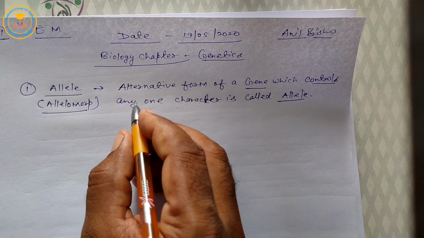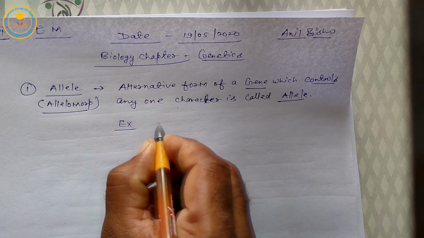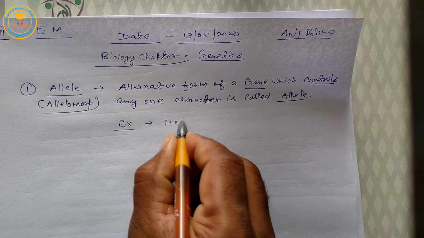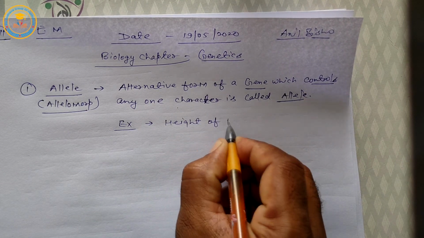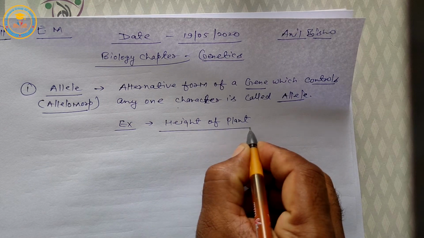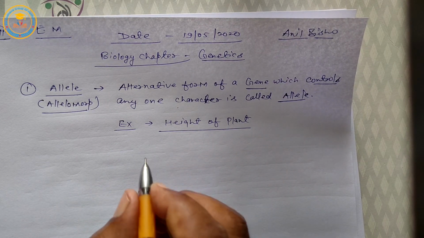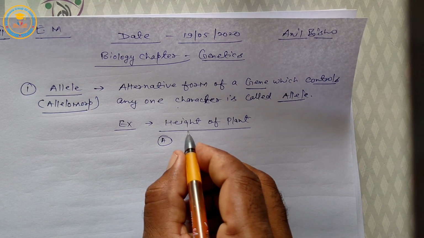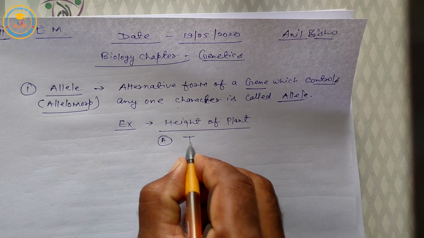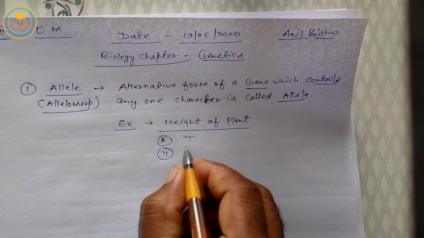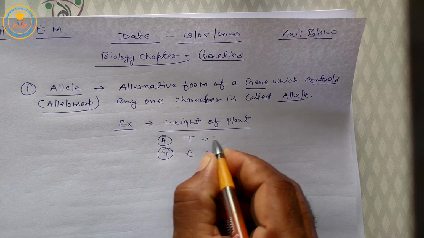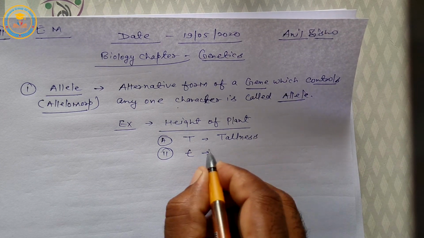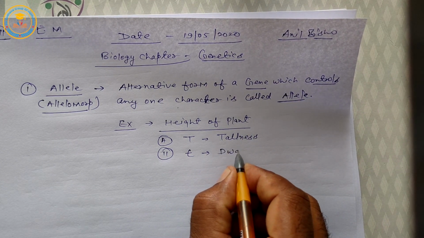For example, height of plant is a character of plant. The first is capital T, which means tallness. The second is small t, which means dwarfism.